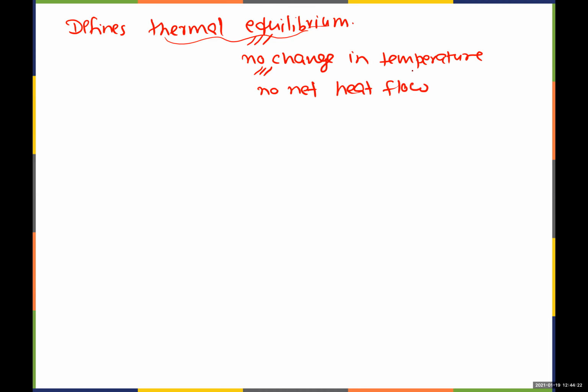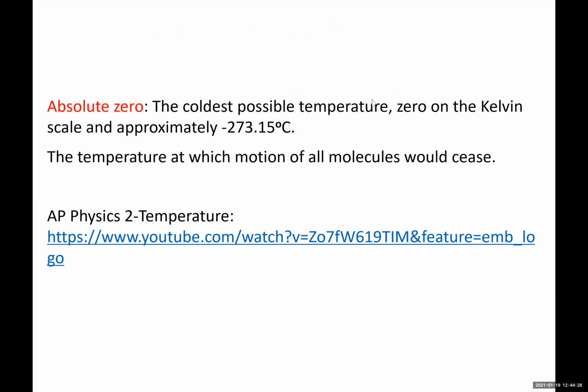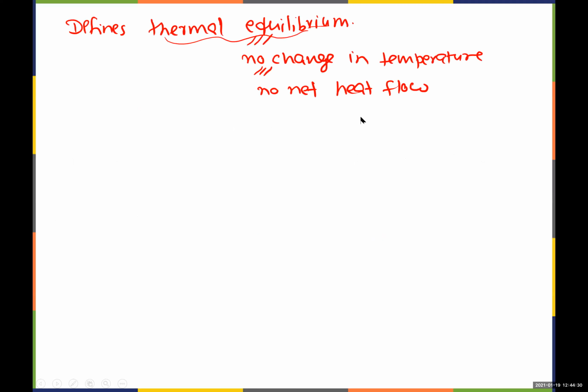For example, say we have two objects, object A and object C, in equilibrium.